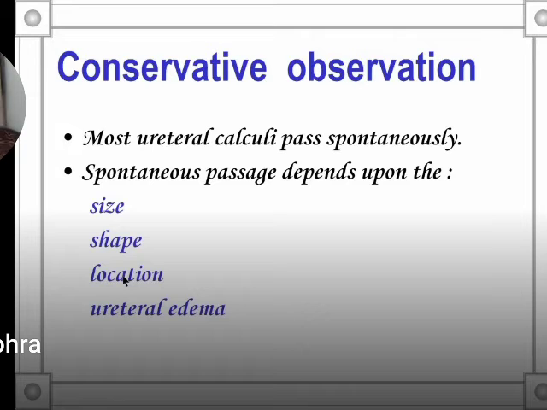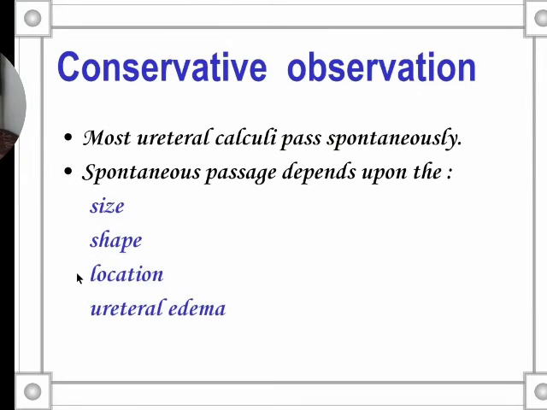And location. If at presentation the stone is in the upper urinary tract, say in the pelvis or upper ureter, there are fewer chances of spontaneous passage because it is likely to get infected, as it has become symptomatic at an early stage. If at presentation the stone is in the lower part, it is likely to pass spontaneously.